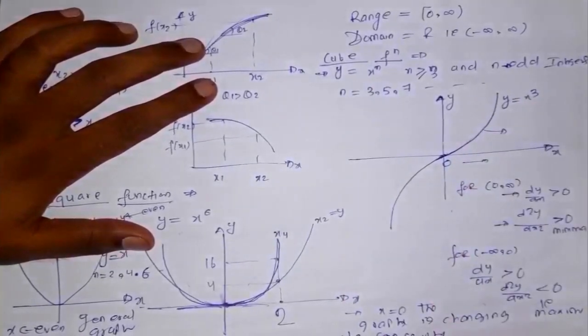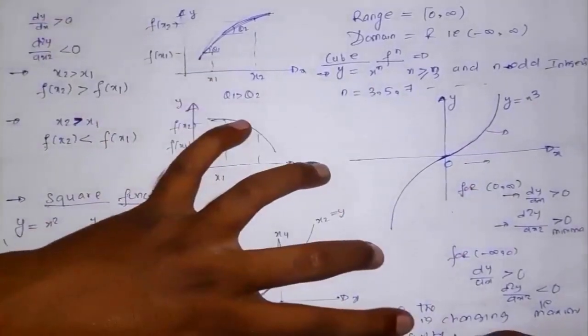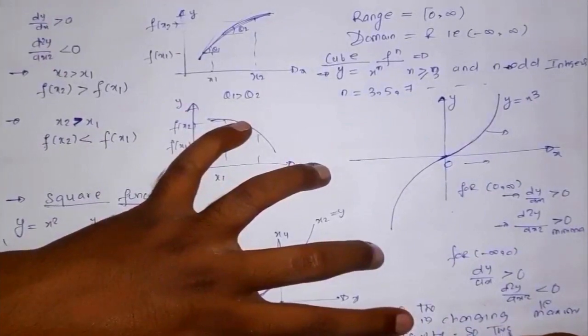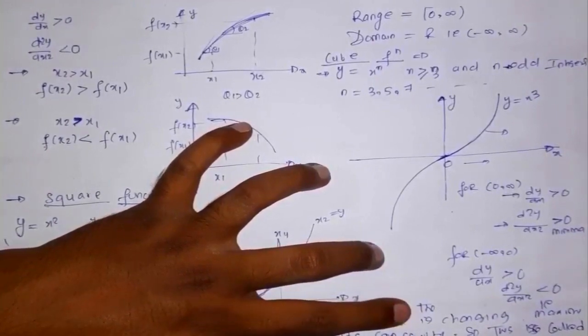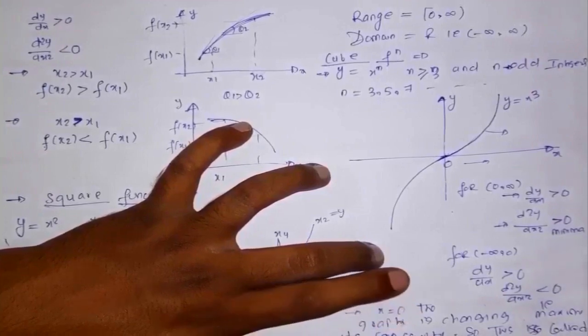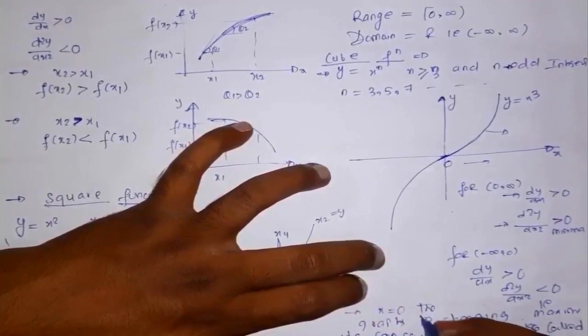So this is called the point of inflection. I hope it is clear and you can read this.